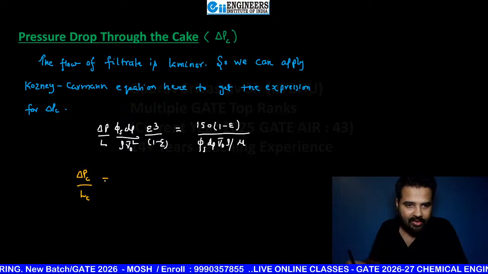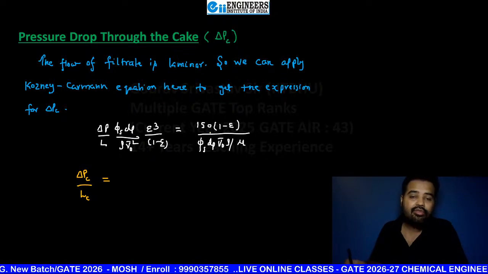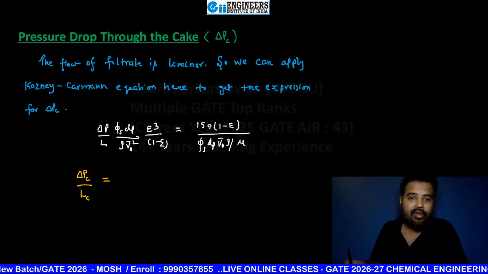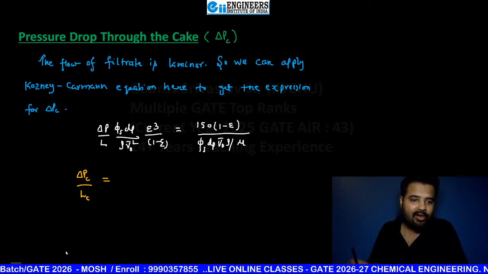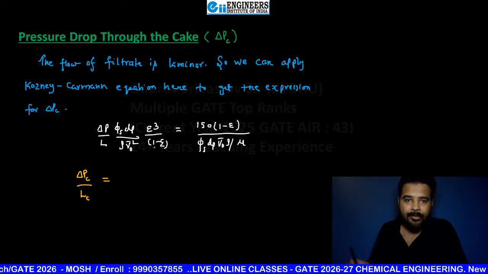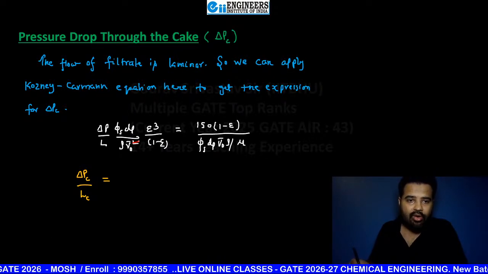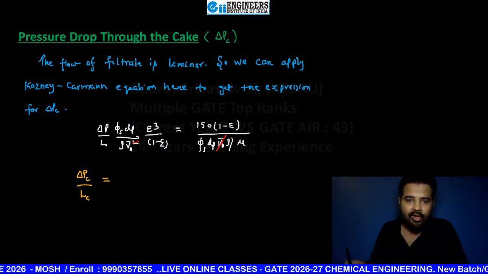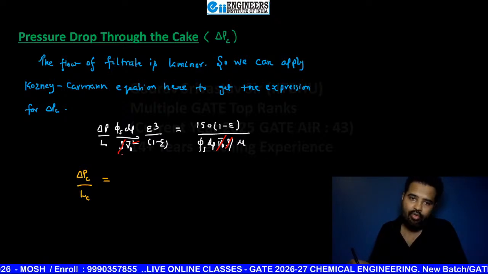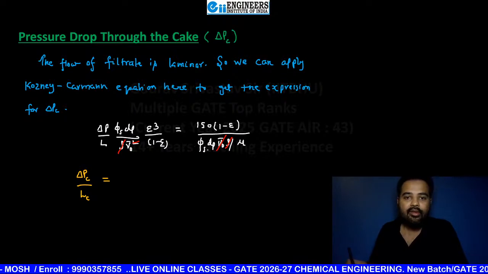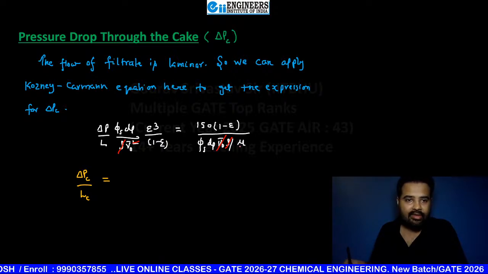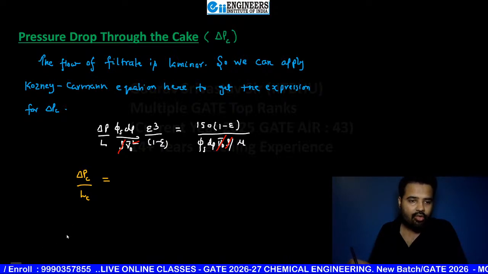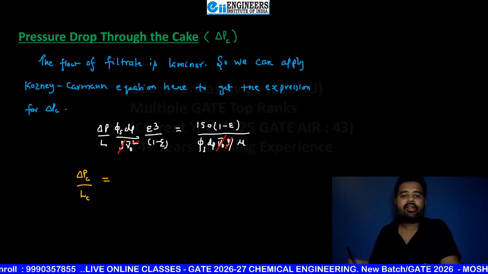First, we have to write delta PC by LC equals. Here 150 stays, and something is going to cancel. Just check it: this square will cancel with this, and rho will cancel with this rho. So now what can we write here?